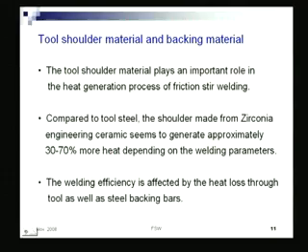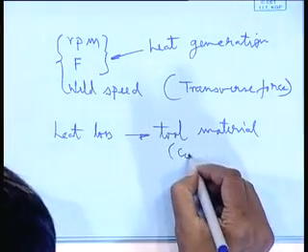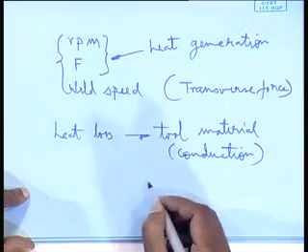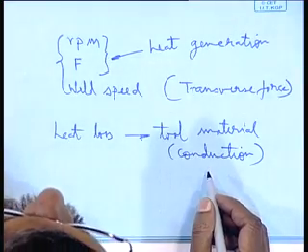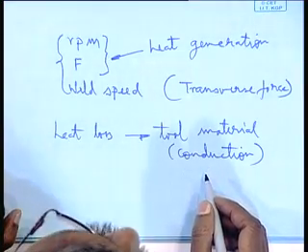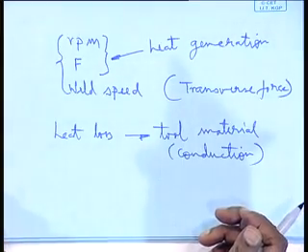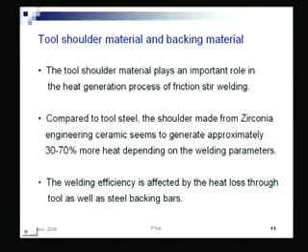Here the primary loss is conduction through the tool material, because there is no inert gas flowing such that a convection loss would be there. There is not much radiation loss because the heat generated is much less.